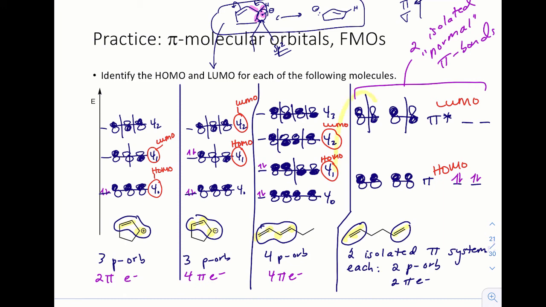Okay, so these are 2 separate pi systems where there's 2 pi CC and 2 pi star CC orbitals. There are 2 degenerate highest energy occupied molecular orbitals, the pi CC, and 2 degenerate lowest energy unoccupied molecular orbitals, pi star CC. Be sure that you're comfortable with these examples before moving on to the next page.